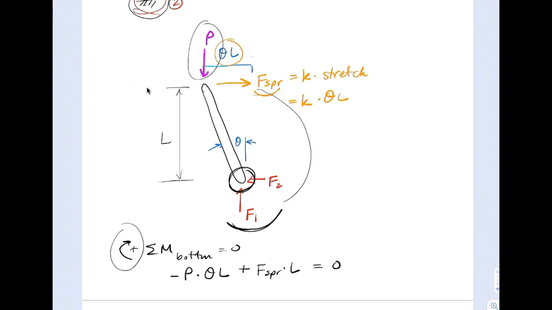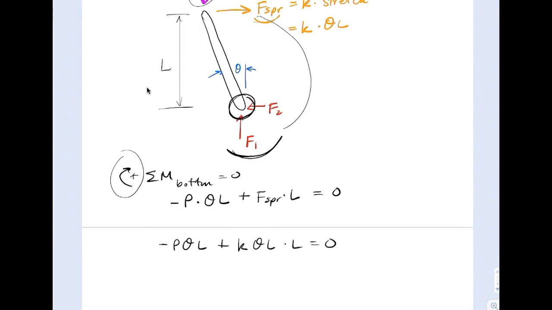So let's work the equilibrium equation a little bit: minus P theta L plus the force in the spring, which is K theta L, times L, has to equal 0. We can factor out theta L. We get theta L times (minus P plus KL) equals 0.